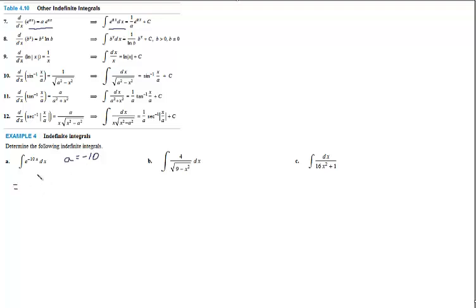So this will equal 1 over the -10 e to the -10x plus c. And note, if I took the derivative of this guy, I would get what's sitting in there. I like to put my negative on top. I'll make it look a little prettier here. Over 10 plus c. That's cool.